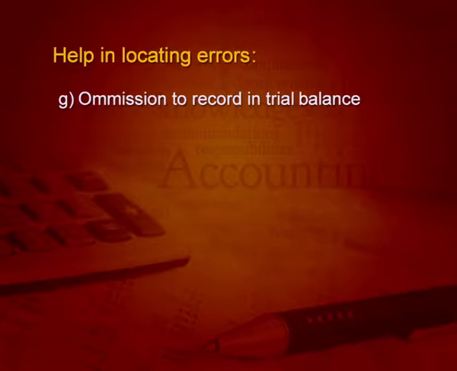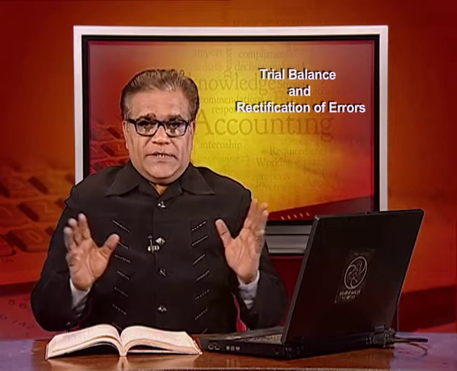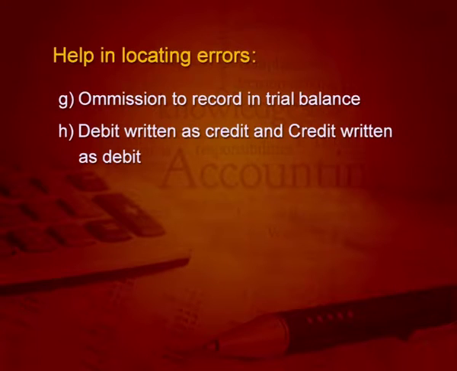Next, it can be omission to record in the trial balance. You have not recorded it at all. Next, debit written as credit or credit written as debit. Next, there can be wrong names, like you have written Ram instead of Sham, like that. Similarly, some other types we will come across while doing the practical questions. Wait till that time.